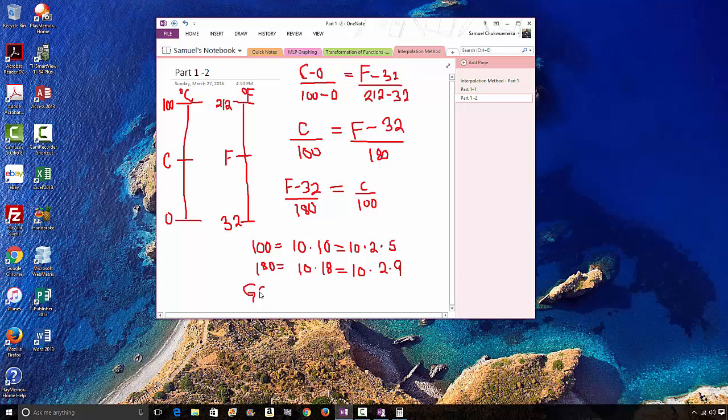The common factors are 10 and 2. For the greatest common factor, I just bring out one of each: one of these, and one of these. So 10 times 2 gives you 20.